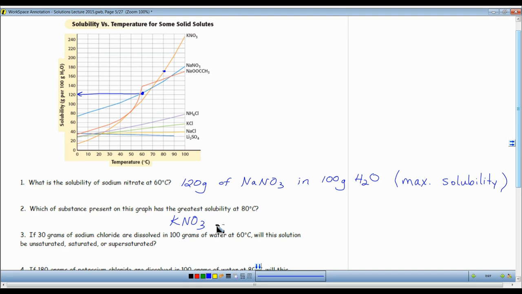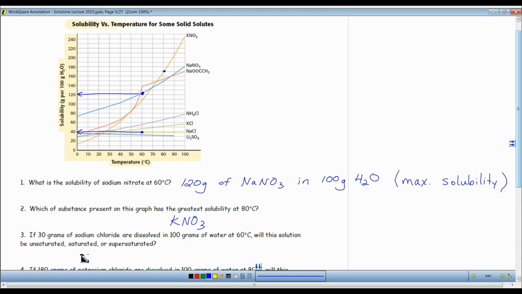Mine is this orangey color. And we're at 60 degrees. So now we're right in here. If I follow it over, it's approximately 40 maybe.